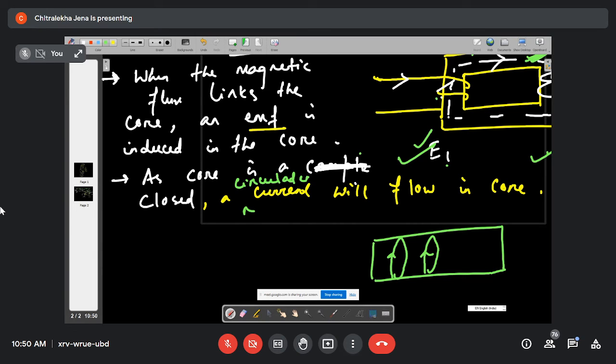That means why circulating? Because that current will flow in the core itself. It will not come out to the winding. It will not flow here. It will not flow here. It will flow in the core itself. Okay, circulating current will flow in the core, called as which current? Called as eddy current.